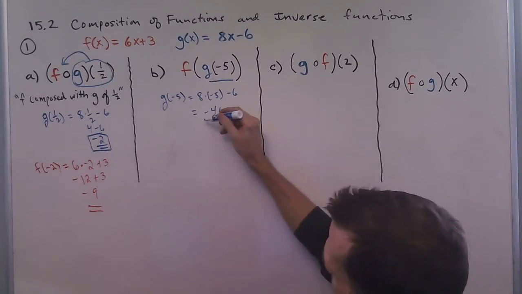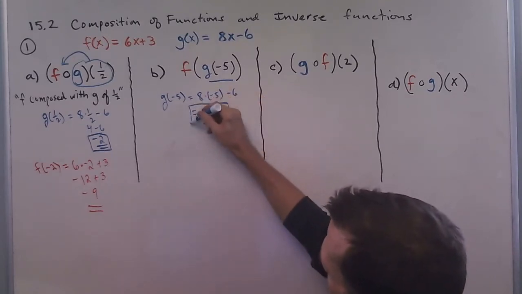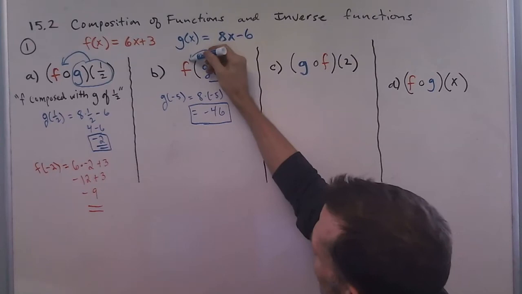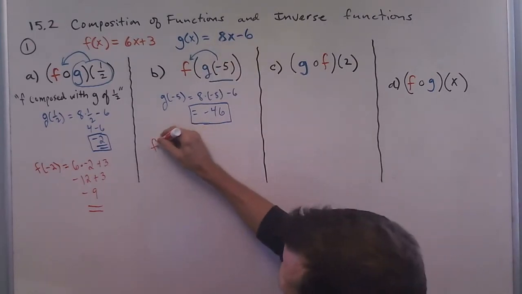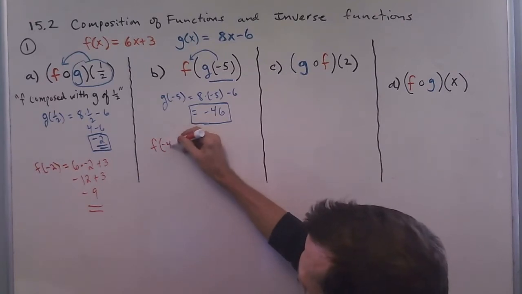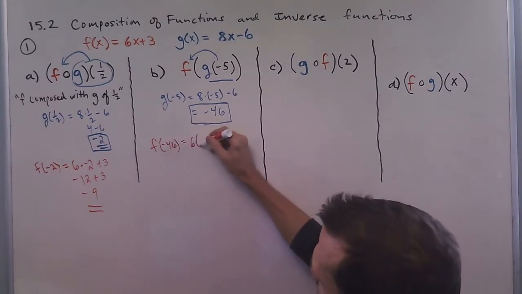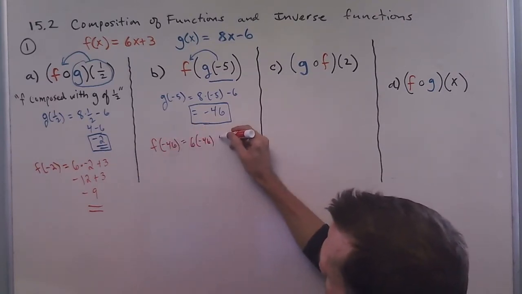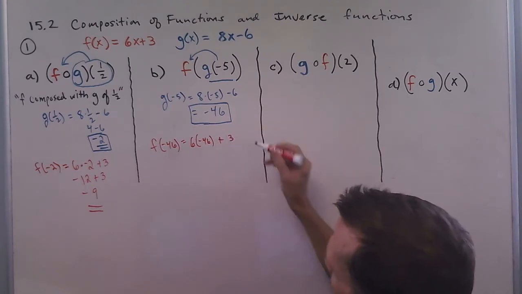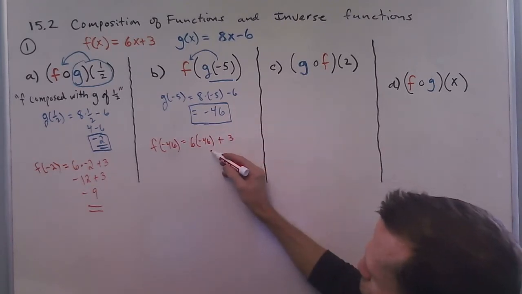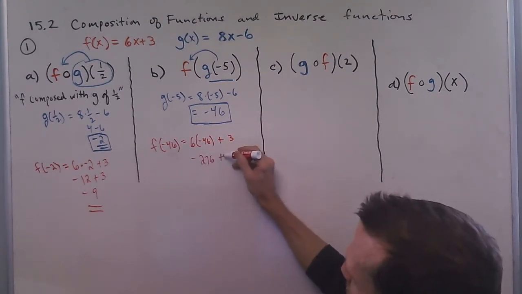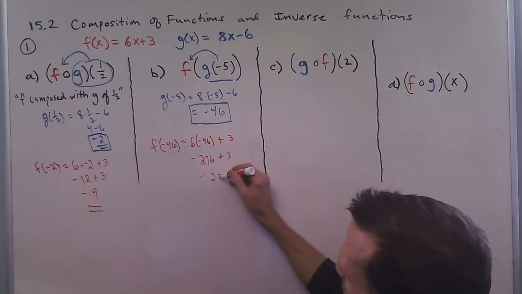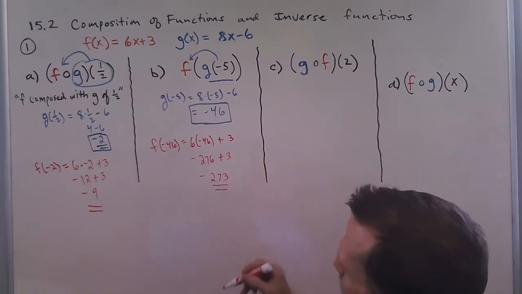So this value is going to then be put inside the f function. So I'll get f of -46 is equal to 6 times -46 plus 3. And then I'm going to get -276 here plus 3 is -273.